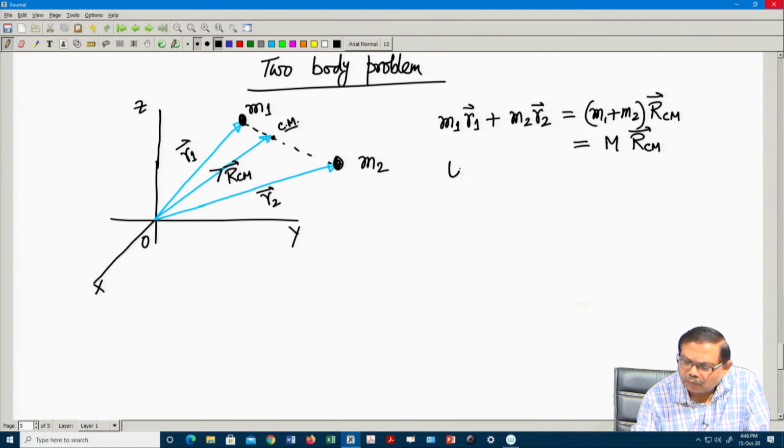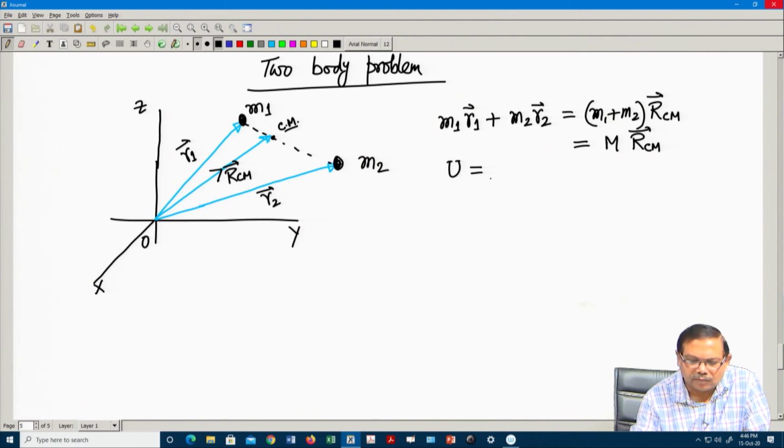But we know potential energy in most of the interesting problems does not depend on its position vector from an origin that is chosen arbitrarily. It will depend on the distance between these two particles.